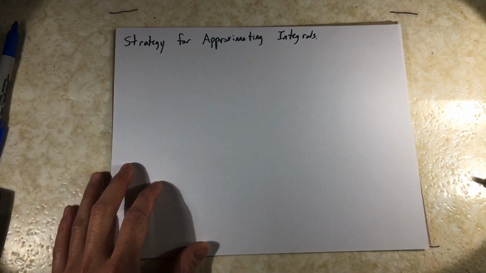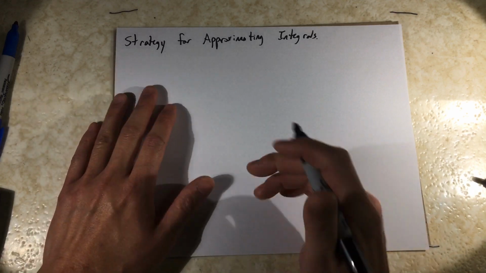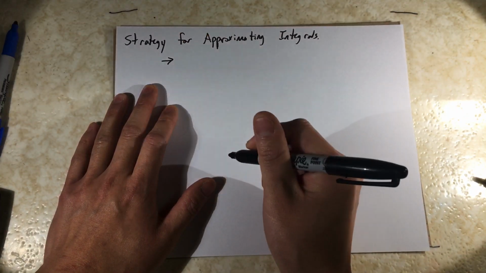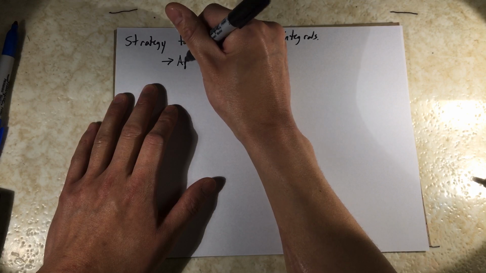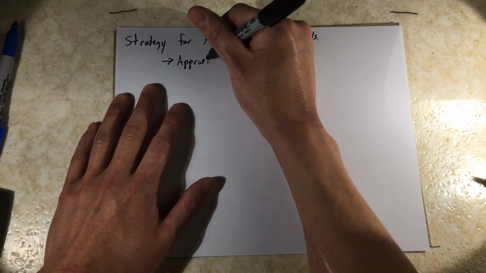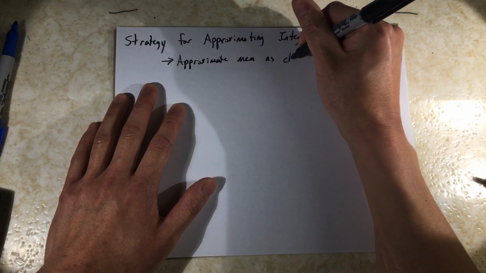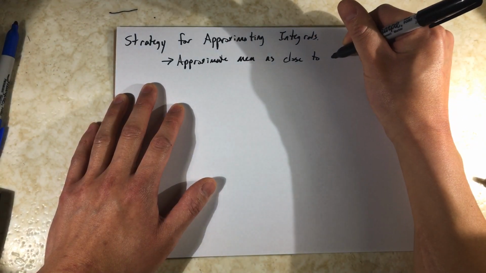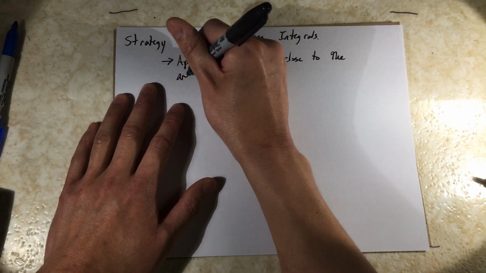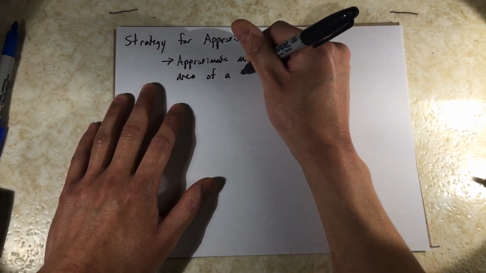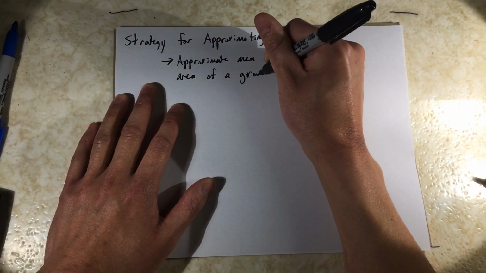Basically, we're going to approximate the area as the area of a group of rectangles.